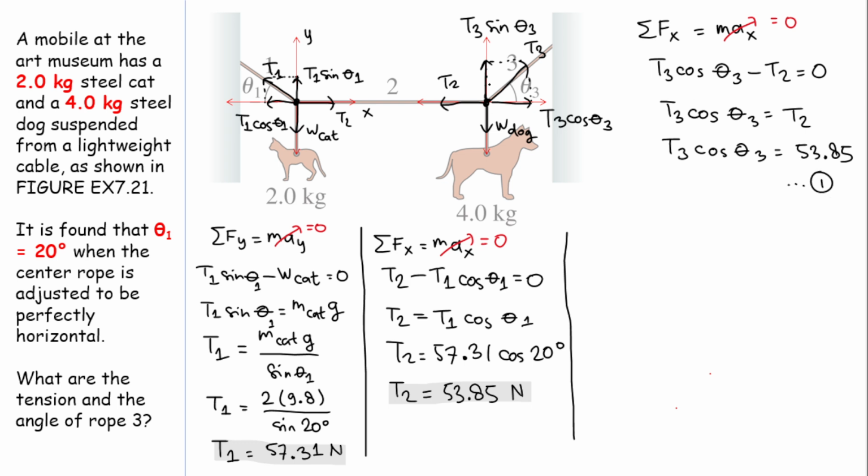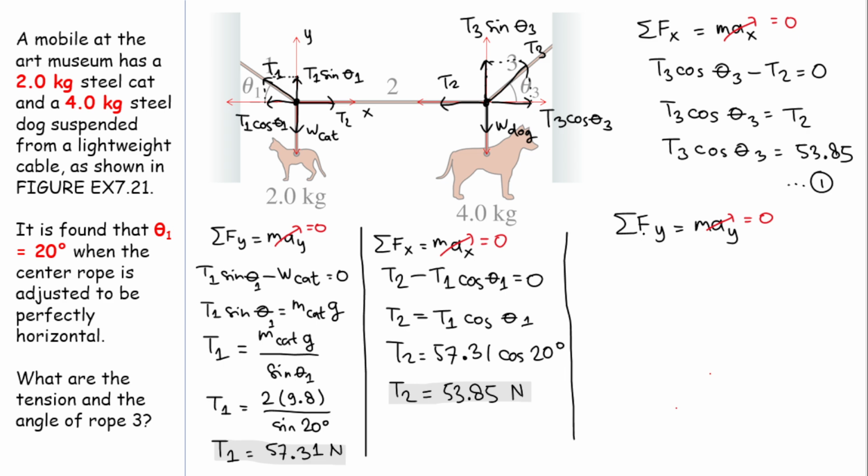And then let's do analysis on the y-axis. So I have sigma F on the y-axis, and that will equal the mass times acceleration also on the y-axis, and that will equal 0.